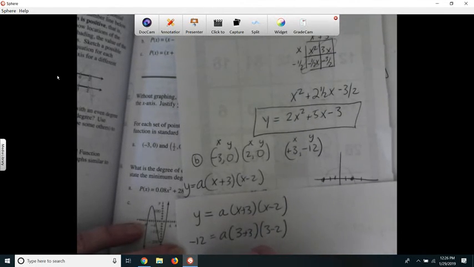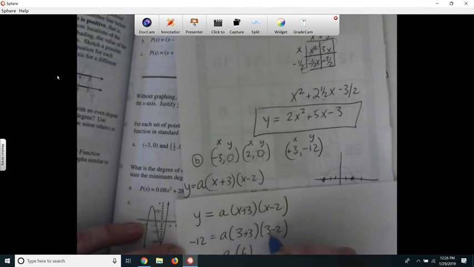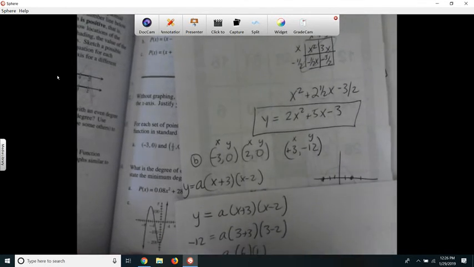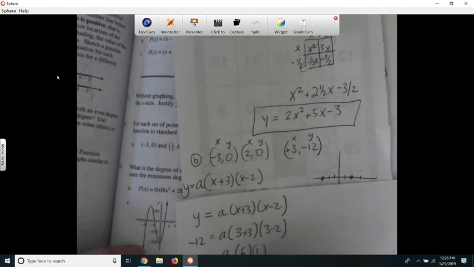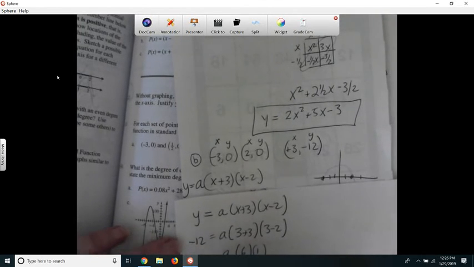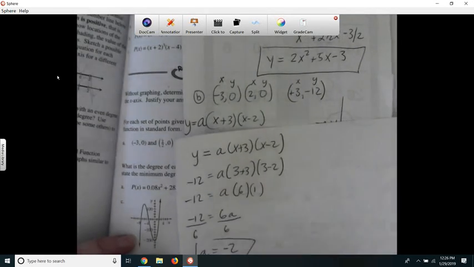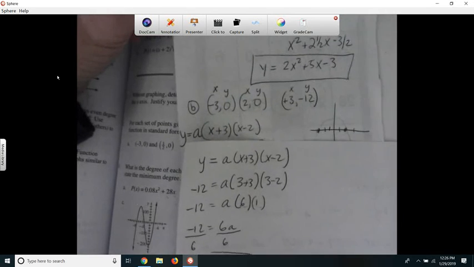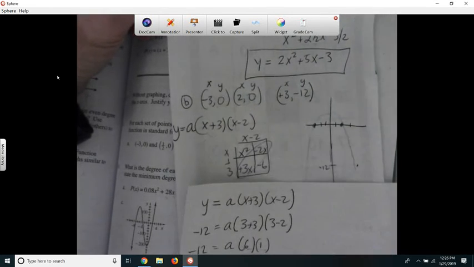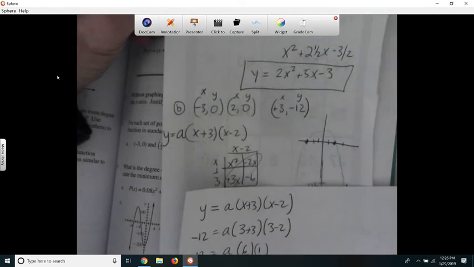So negative 12 equals a times 3 plus 3 is 6, 3 minus 2 is 1. So negative 12 equals 6a. So now I see that a equals negative 2. And that makes sense because I thought it was a downward facing parabola.